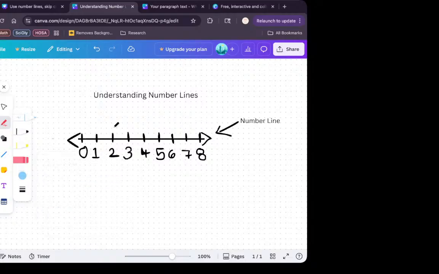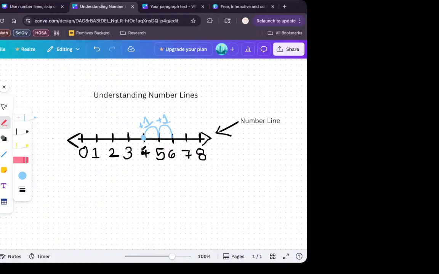So let's say we start at 4, okay? And we jump forward 2 times. 4, 5, 6. We increase, we jump by 1 plus 1. 1 plus 1 equals 2, right?